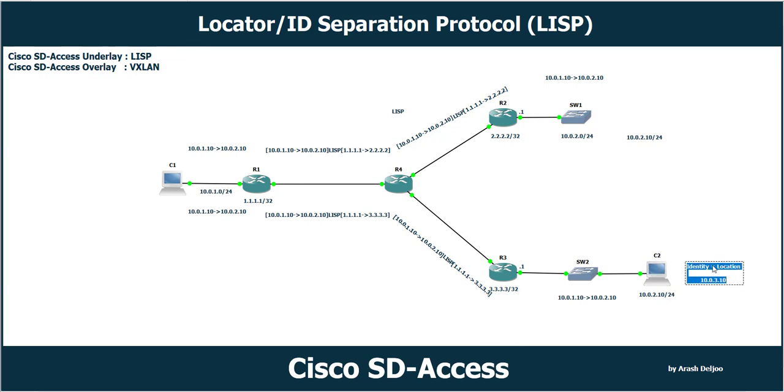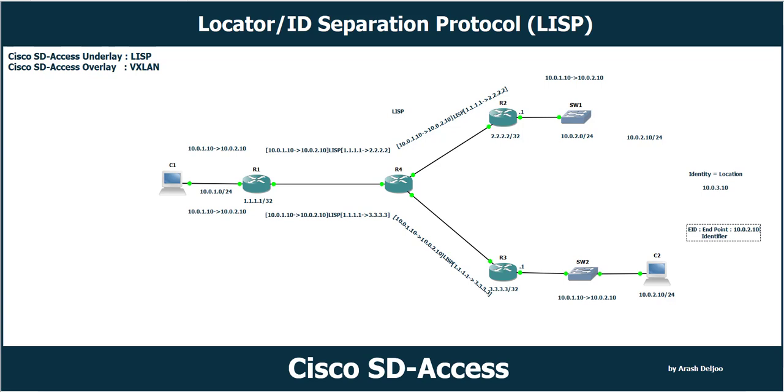What is the identifier, or endpoint identifier, here? Let me write here: EID, endpoint identifier. It can be IPv4, IPv6, or the MAC address of this computer 2. And always the endpoint identifier, or EID, of C2 in this example is 10.0.2.10.